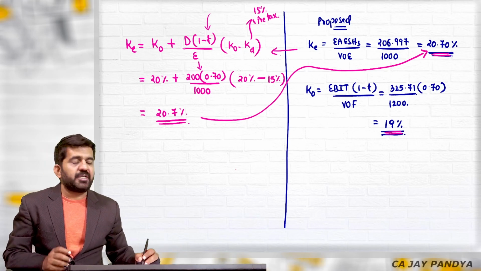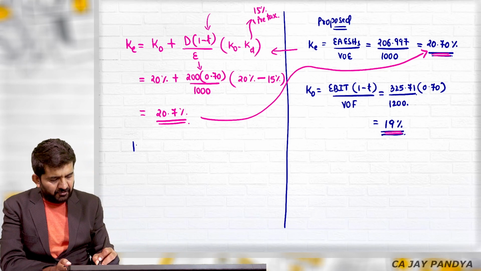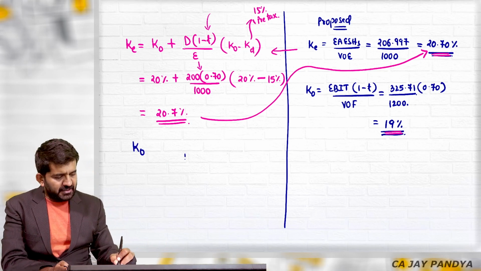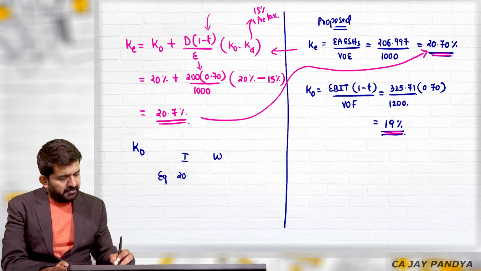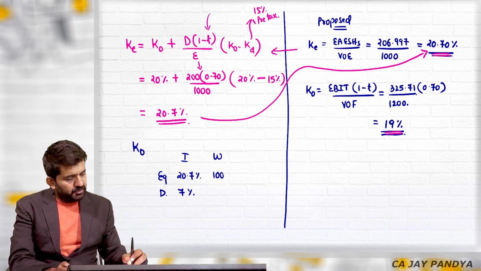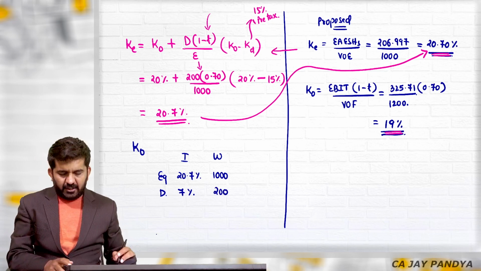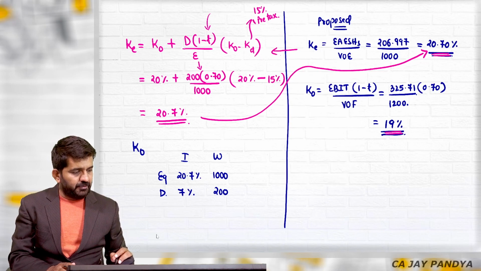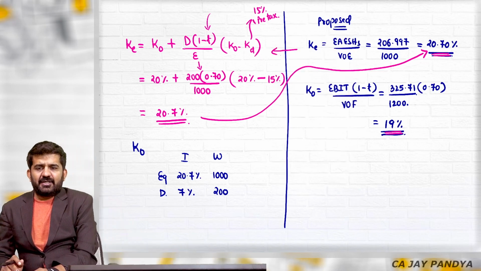Can I find out KO by another method? The answer is yes. KO can be found out by another method, which is sigma IW divided by sigma W. Equity is costing me 20.7. Debt is costing me 7%. Weight of equity is 1000. Weight of debt is 200. Let me use my Excel sheet and directly find out the answer.